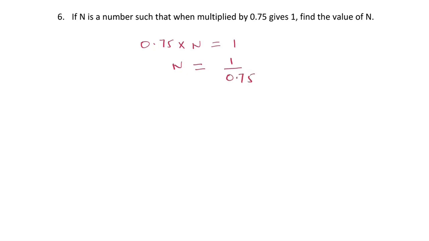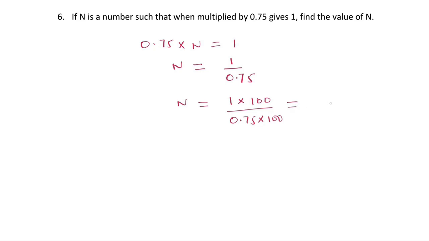Okay, so next, to eliminate the decimals, we are going to multiply both the numerator and the denominator by 100. Then we are having n equals 1 times 100 over 0.75 times 100.